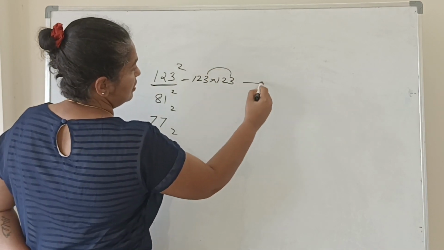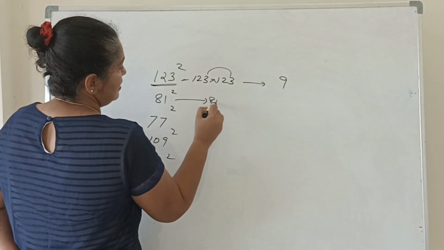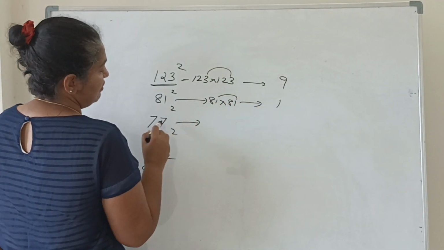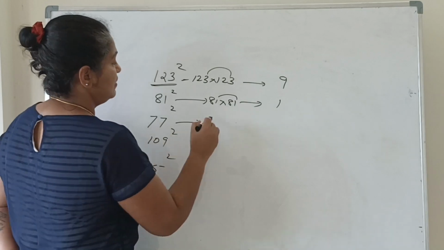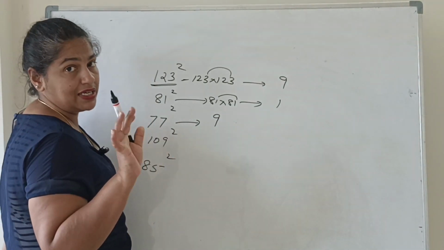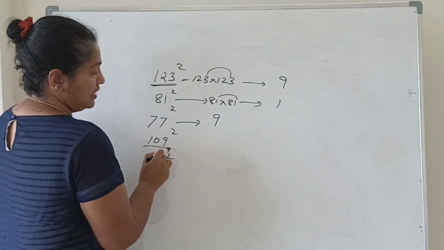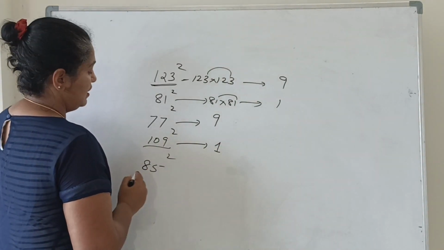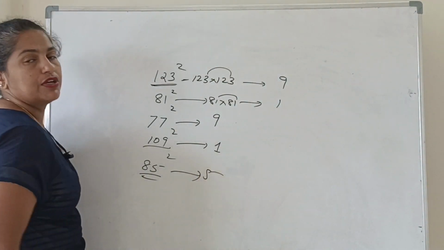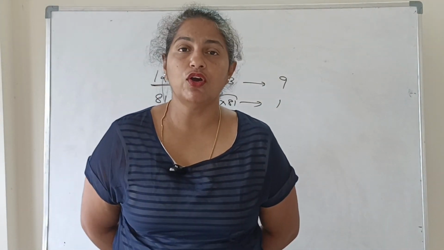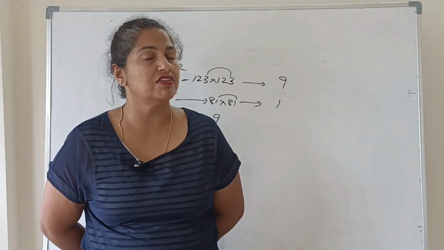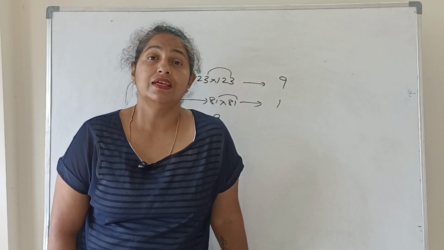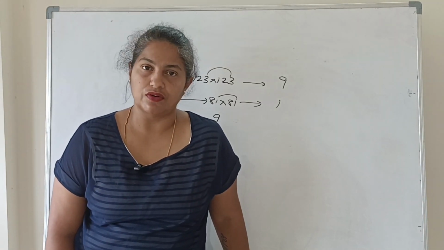The last digit would be a 9. 81 into 81, the last digit would be a 1. 77 into 77, the last digit would be a 9. 7 sevens are 49, 9. 109 into 109, the last digit would be a 1. 9 nines are 81, ending with 1. 85 into 85, it is obviously a 5. Okay, so now I hope you are clear with the third concept, which is finding out the digits and identifying whether the number can be a perfect square or not.